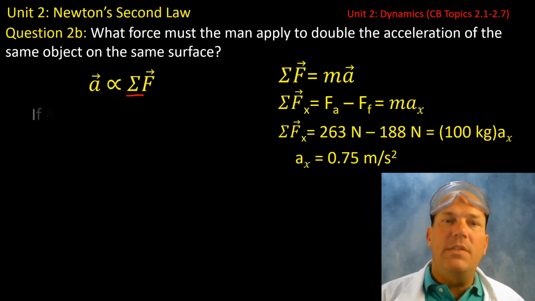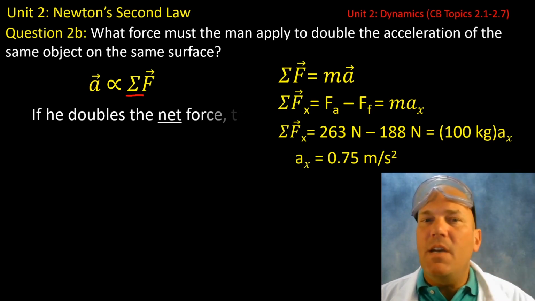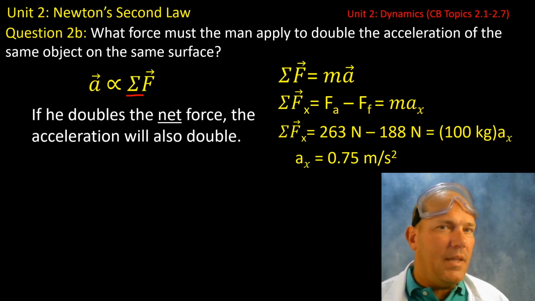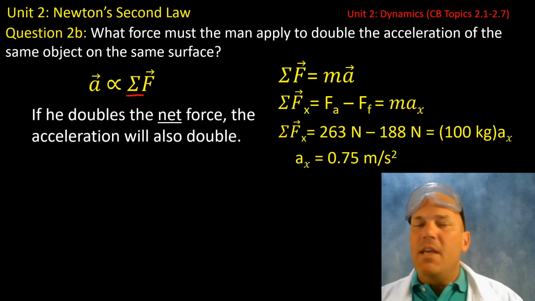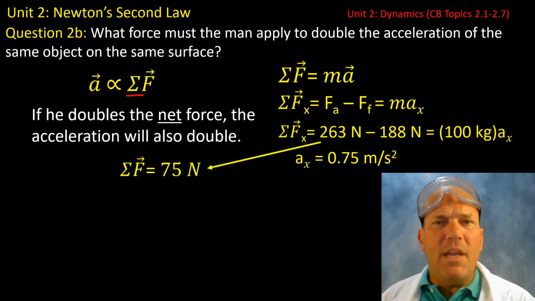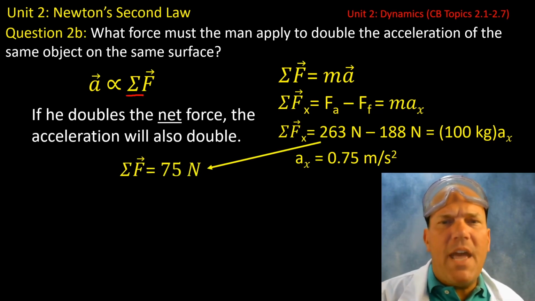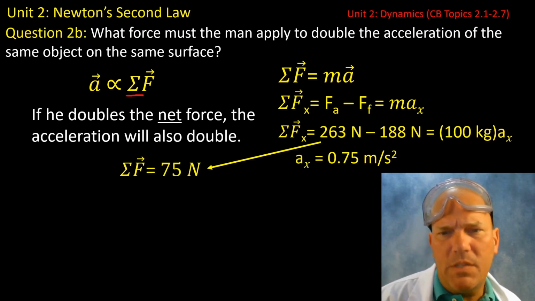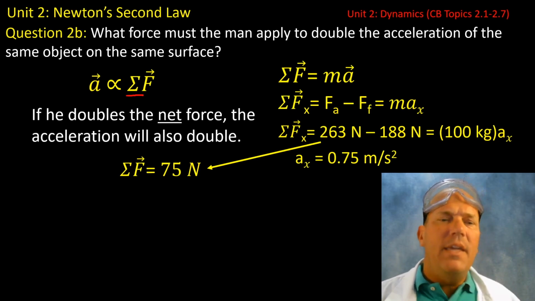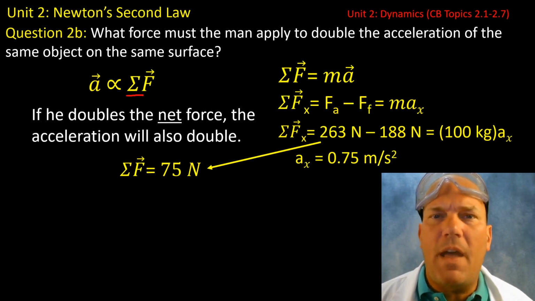So let's look at this problem. If he doubles the net force, again, underlined to accentuate the importance of understanding that, then the acceleration will also double. Well, in scenario 1, our net force was 75 newtons. That was the 263 minus the 188. Gave us a net force of 75 newtons.